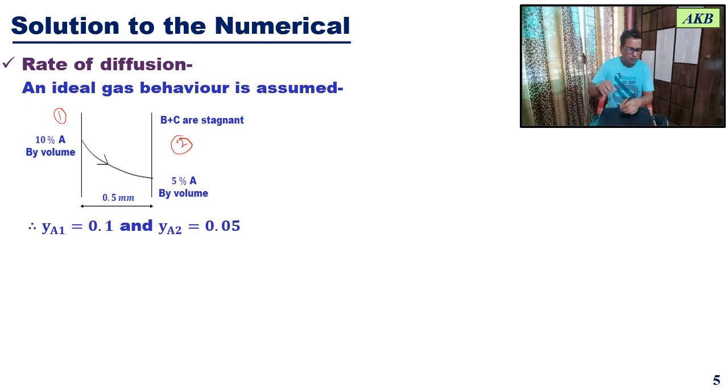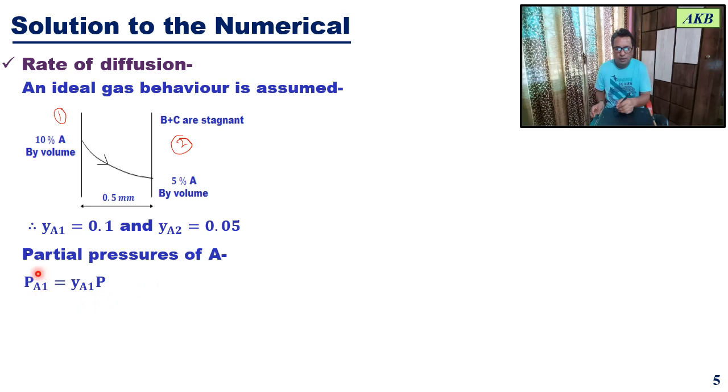we get mole fractions. Further, if we know the mole fractions, you can calculate partial pressures. So with Ya1, we will be calculating Pa1, and with Ya2, we will be calculating Pa2. Again, for that, what we know?